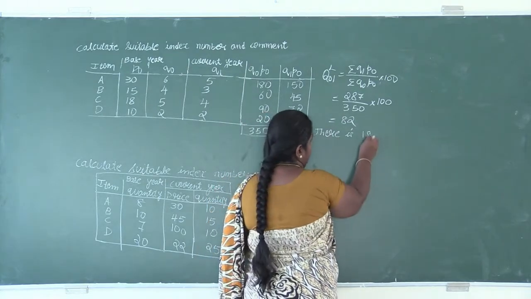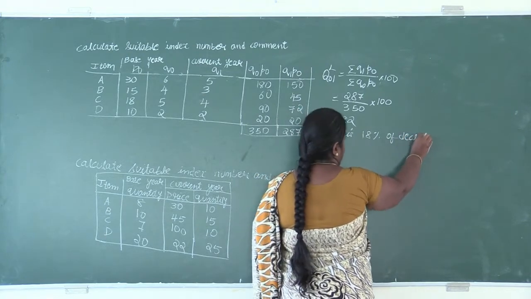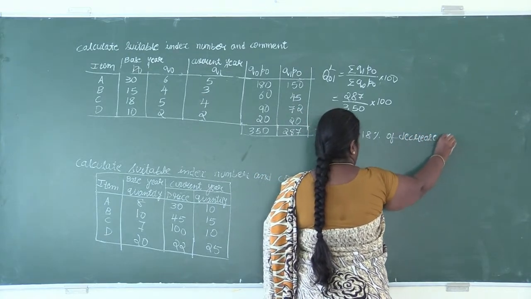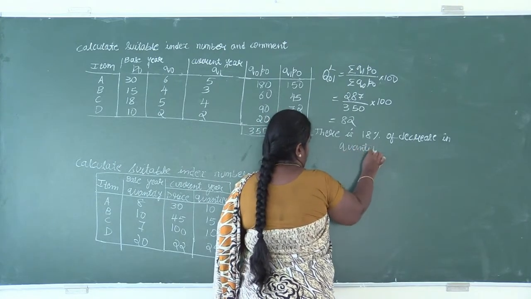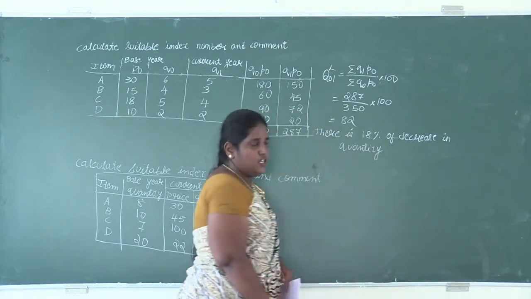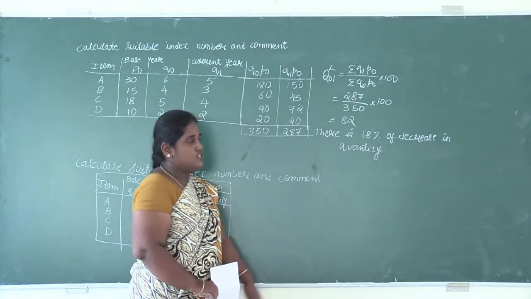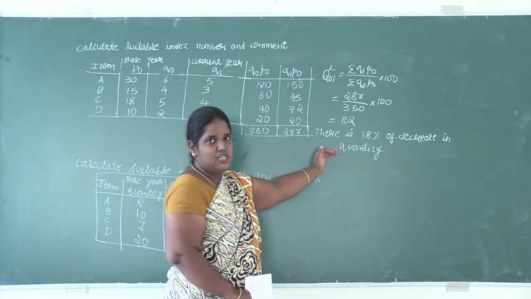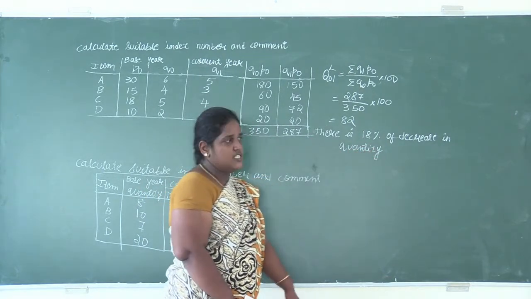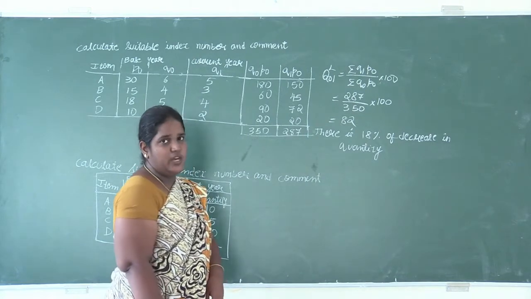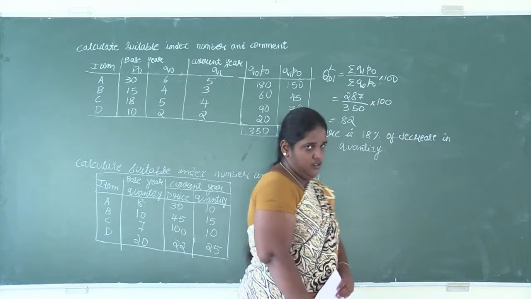So there is 18% of decrease in quantity, since we got less than 100. Since the value is less than 100, and when we subtract it, we'll get minus 18, so we are writing it as decrease. There is 18% of decrease in quantity in current year as compared to base year.